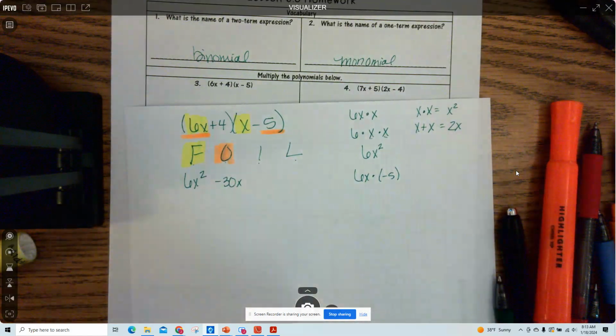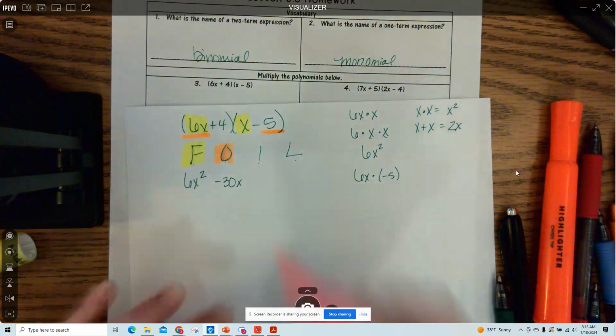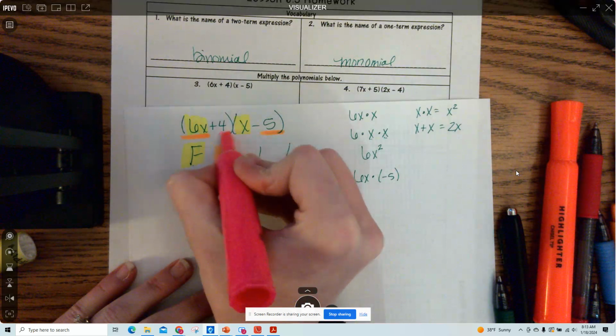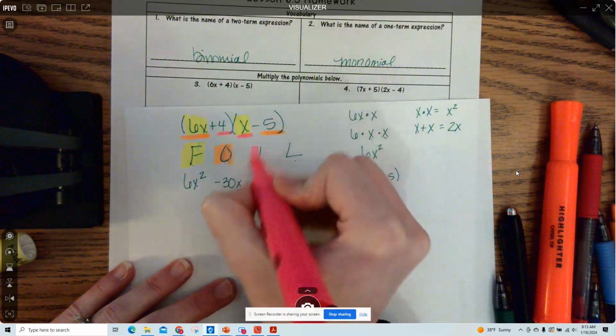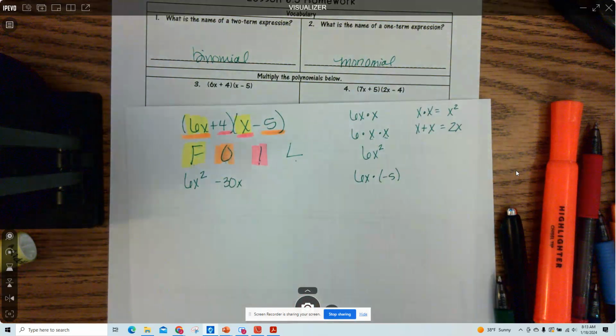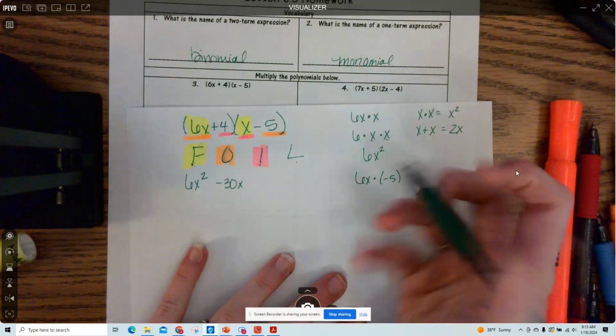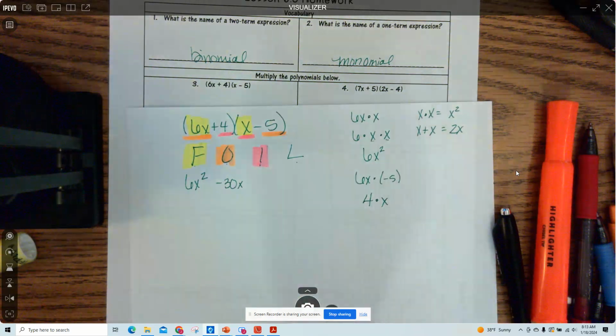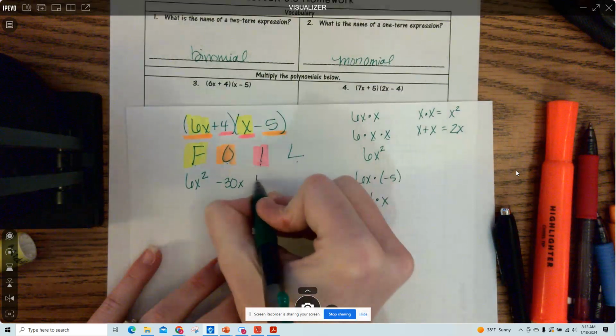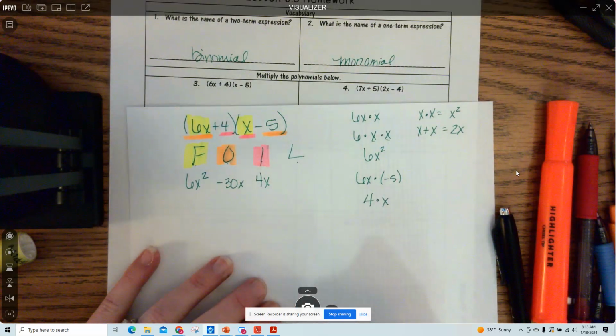I stands for inside. So inside are those inside two parentheses, the two that touch. This one and this one. That's the inside. Okay, and we multiply those together. So we're doing 4 times x. If it's just a letter and a number that we're multiplying together, we just smush them together. 4x.